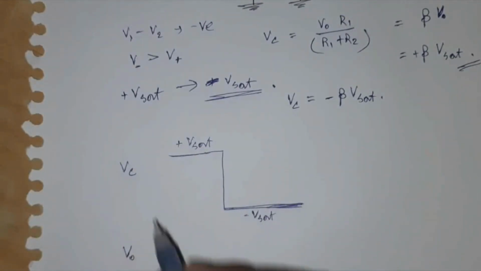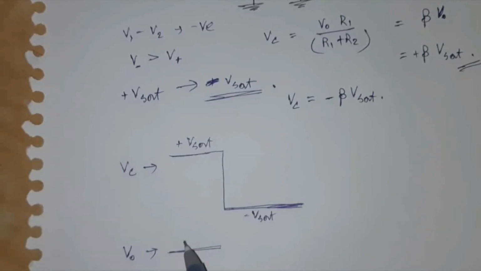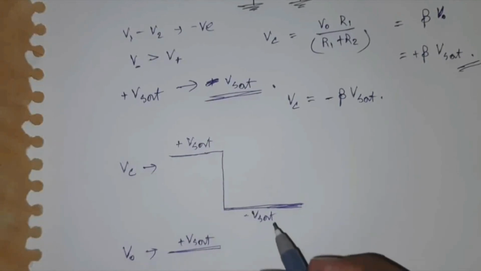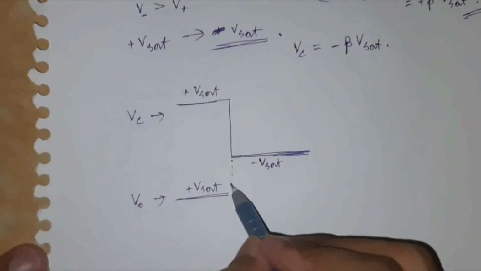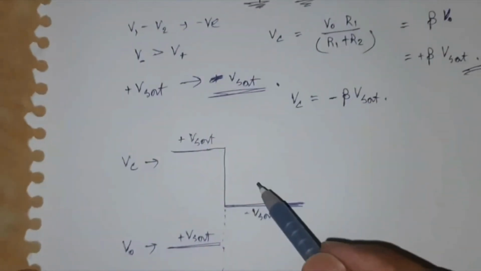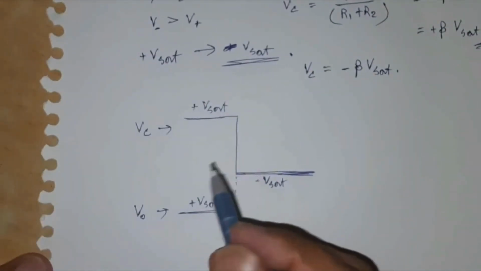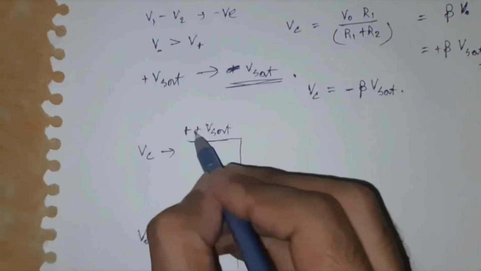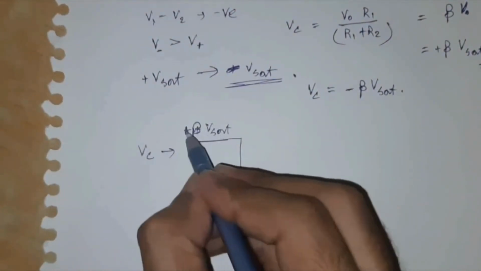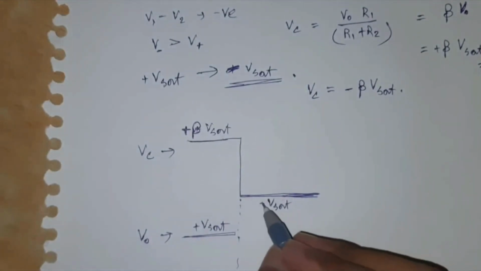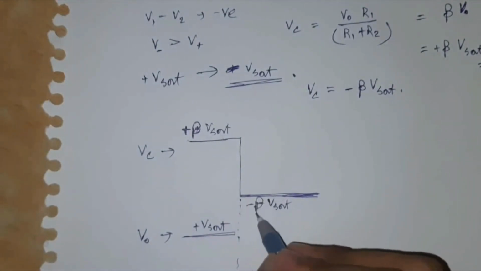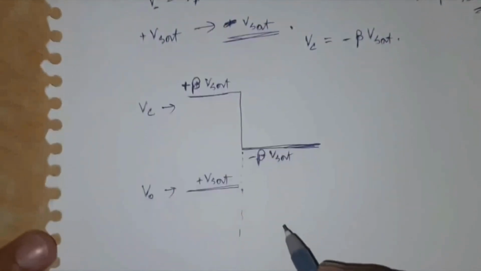And V output will be obtained as, it is also plus Vsat as soon as this comes down, that is the Vc spike here. So when it has come down, one correction: it is plus beta Vsat due to beta into plus Vsat, and here the output transitions to minus Vsat, so it will be minus beta Vsat. Make this correction please.